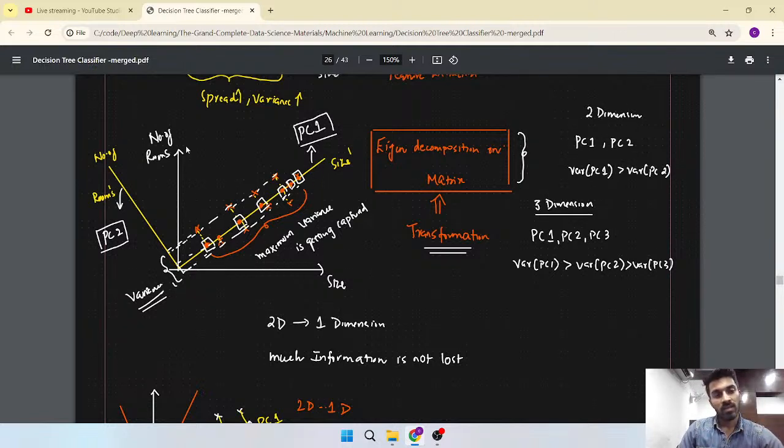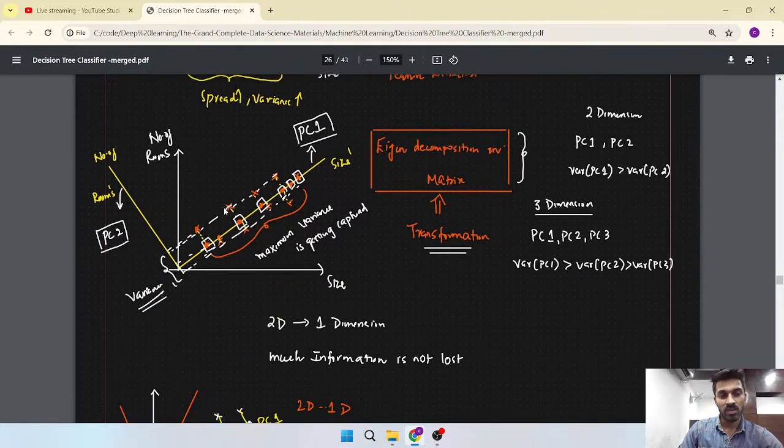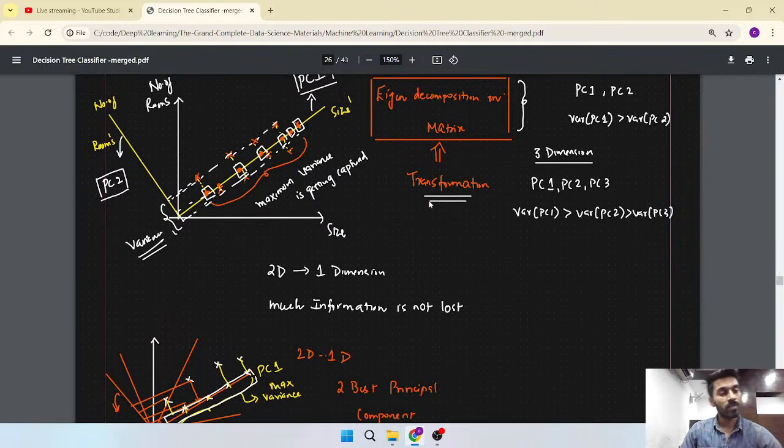Suppose these are x and y, we will take a projection on a coordinate in between, and here you can see the variance of the number of rooms and the variance on size. So now you get some variance. You still lose some information, but you keep some variance of the number of rooms. So how is PCA done? Now eigen decomposition is done.